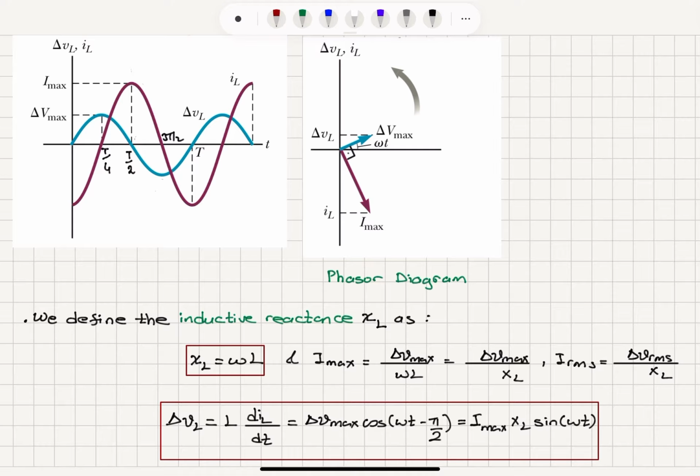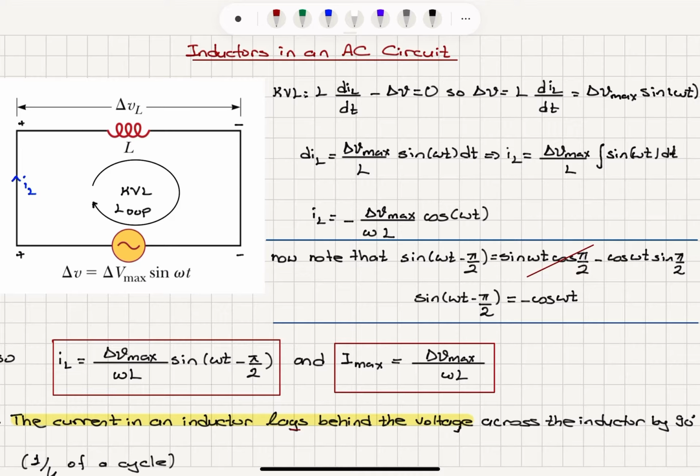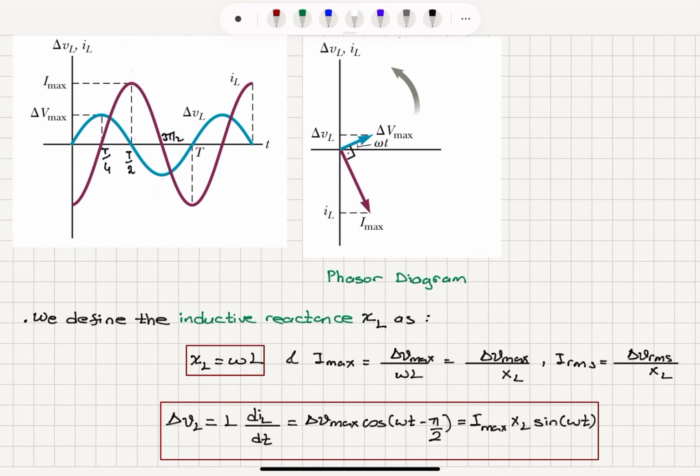That's what we obtained here. You can see we already obtained from the derivative an omega, so the omegas cancel, and we multiply it by L, so the L's cancel, and we obtain delta V max. So delta V is I max times X sub L sine omega t.